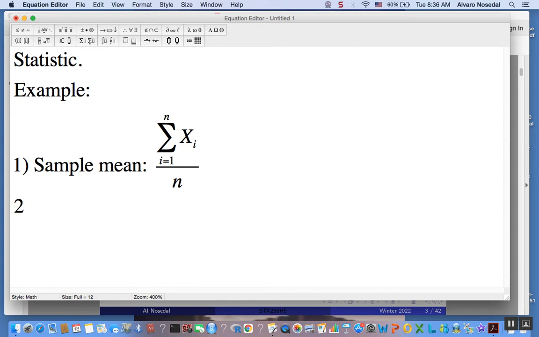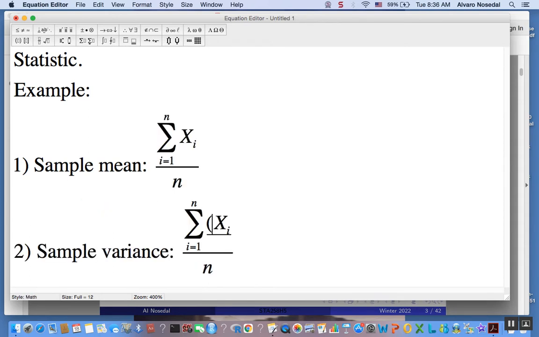Another one, the sample variance. In that case, the sample variance is the sum of xi minus x bar, where x bar is the sample mean, and we square that difference between xi and x bar, and we divide by n minus 1.